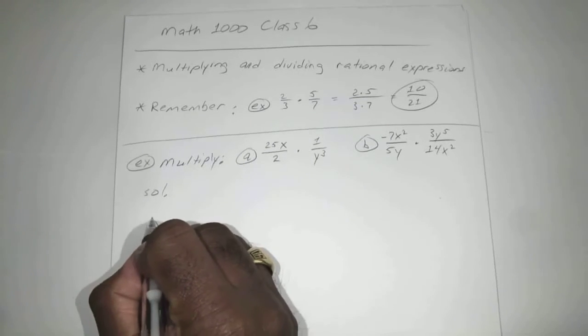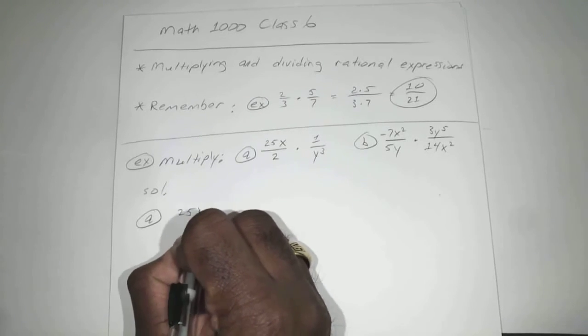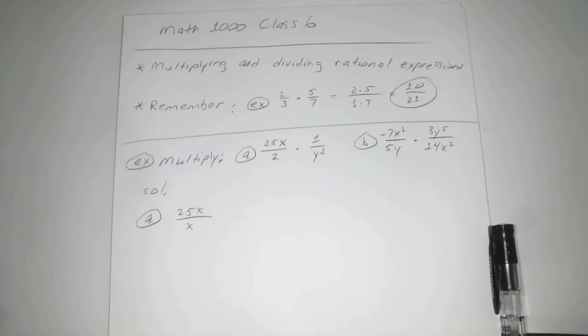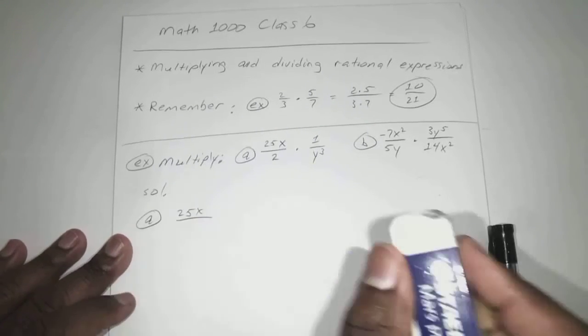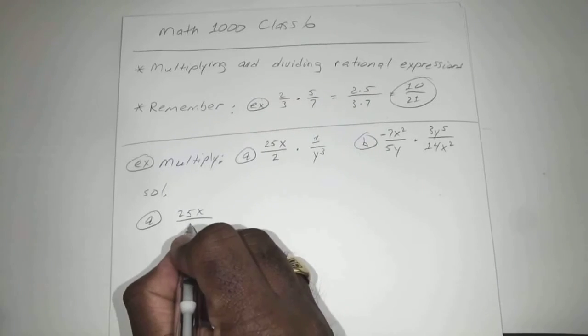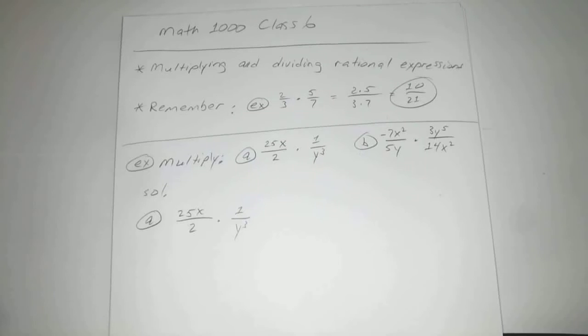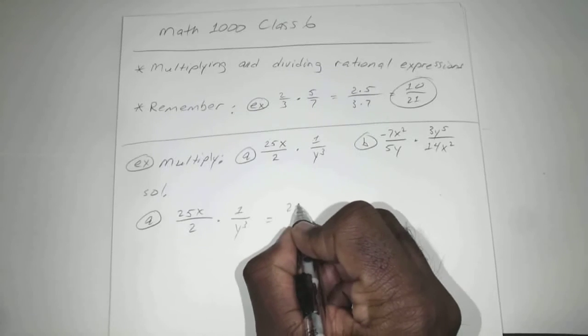Okay, so starting off with problem A, we have 25x over 2 times 1 over y to the third power. We just multiply our numerators, 25x times 1.